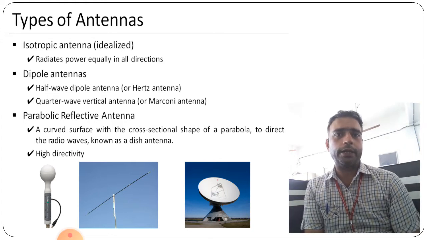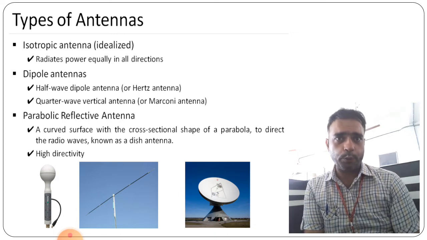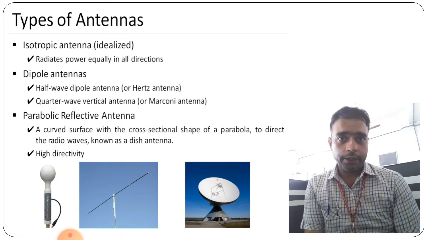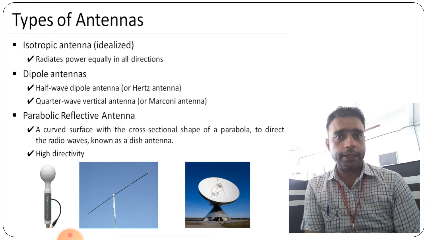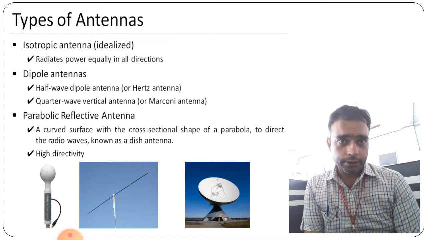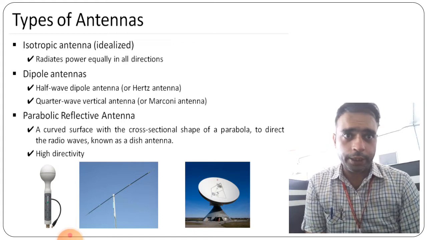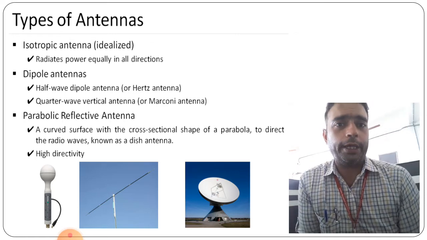Now dipole antennas are also there, in which the half wave dipole antenna or Hertz antenna is there, and the quarter wave vertical antenna, or we can say the Marconi antenna, is there. These are the dipole antennas.